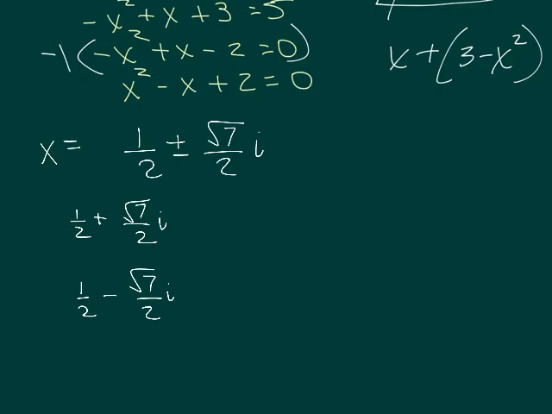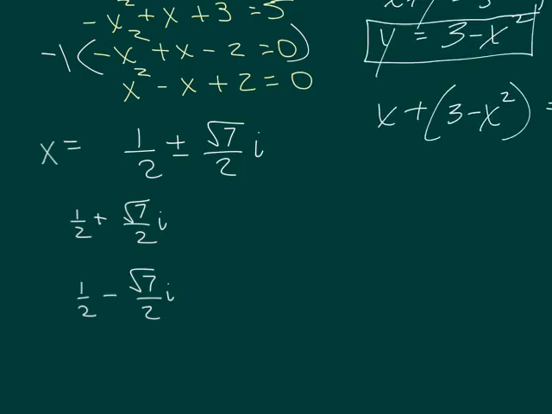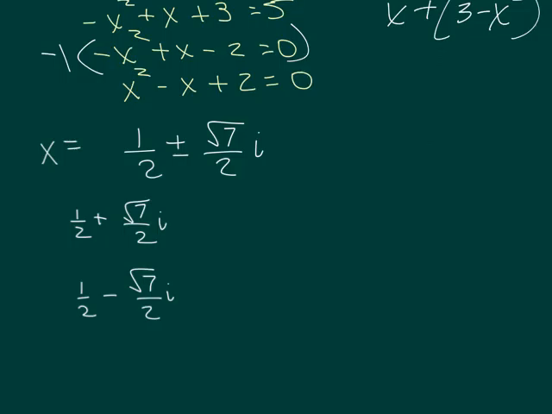So let's go clear back to our original problem. I'm just going to write the original problem over here to the right. We had x plus y equals 5, and we had y equals 3 minus x squared. So we had a parabola and we have a straight line.